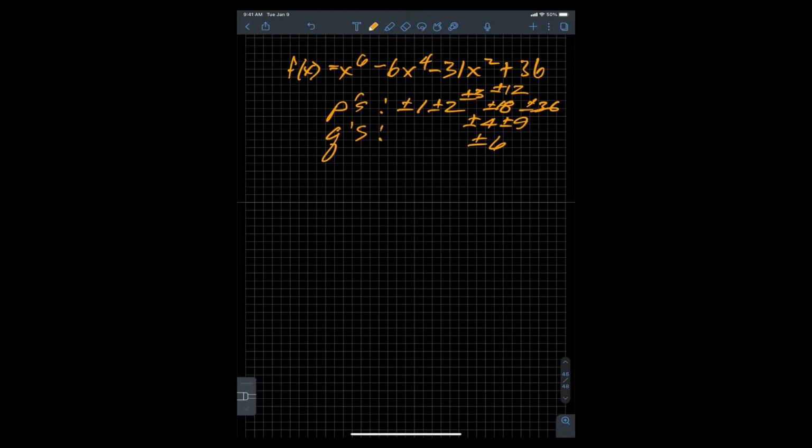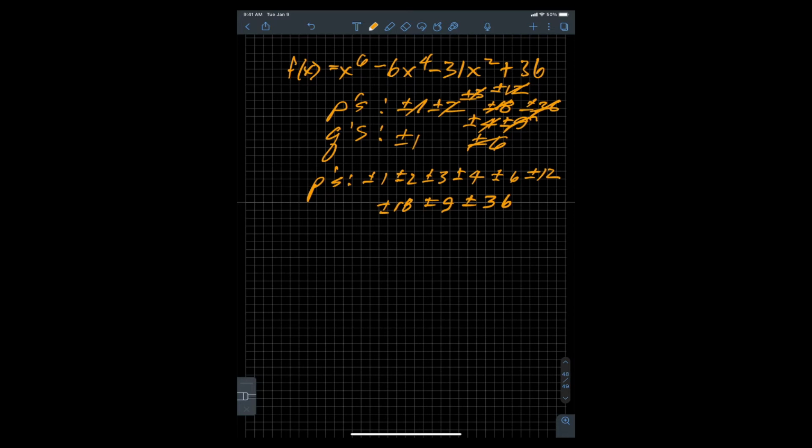I'll rewrite this. Q's are plus or minus 1. So P's are plus or minus 1, plus or minus 2, plus or minus 3, plus or minus 4, plus or minus 6, plus or minus 12, plus or minus 18, plus or minus 9, I forgot 9 in there, plus or minus 36.